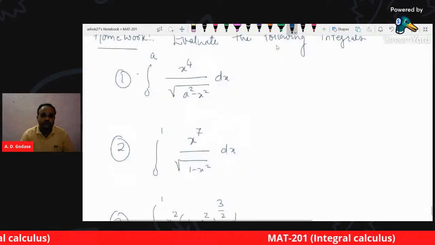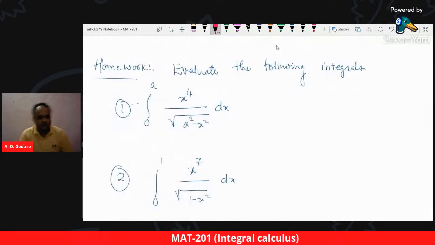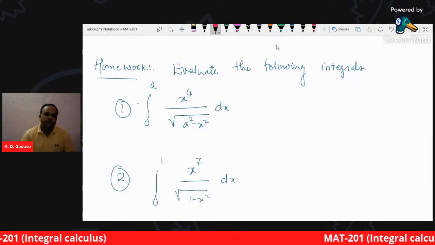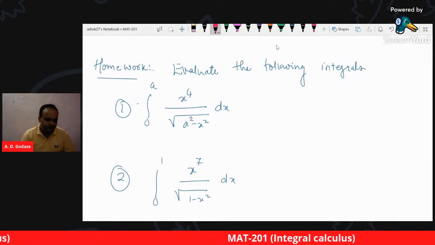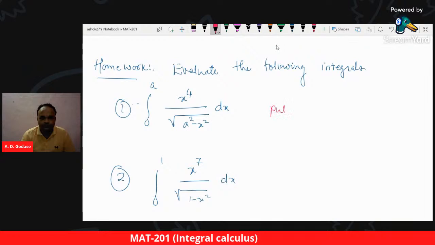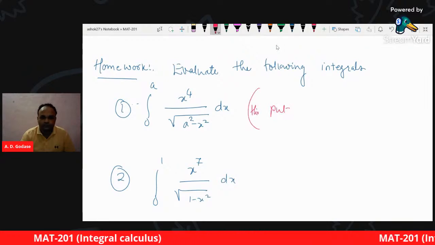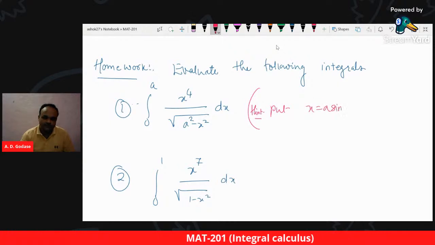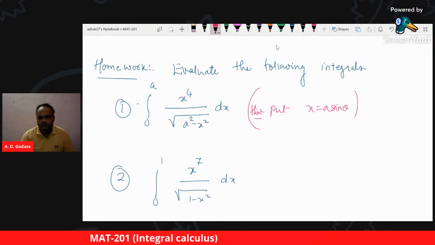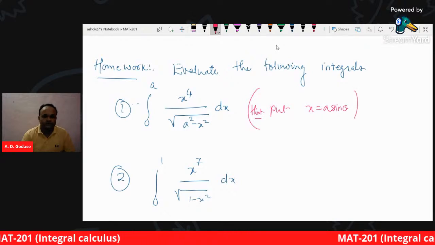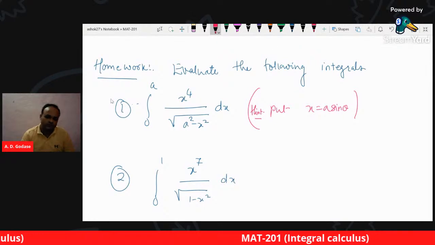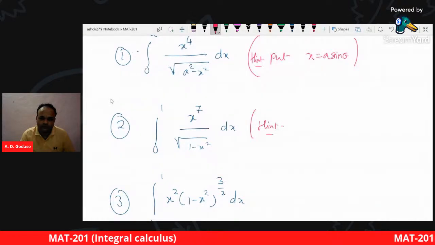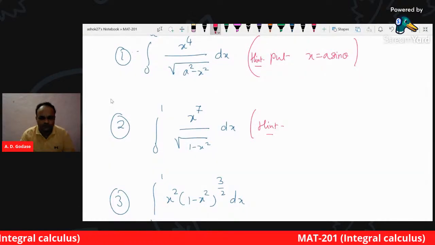I will give some hints for the solution of these problems. In the first example, the integration of x raised to 4 divided by the square root of a square minus x square, here you can put x equal to a sin theta. So ultimately you can transform this integration into our required integration. In the second problem, you can put x equal to sin theta.